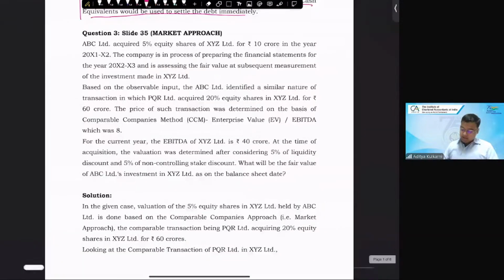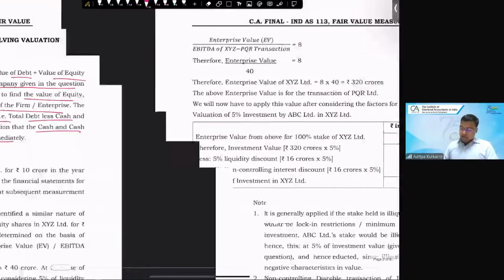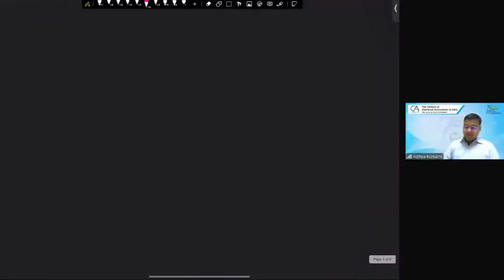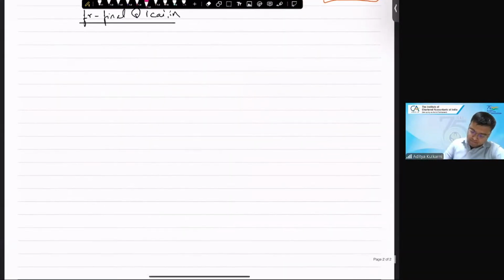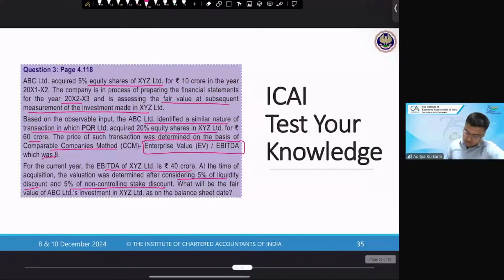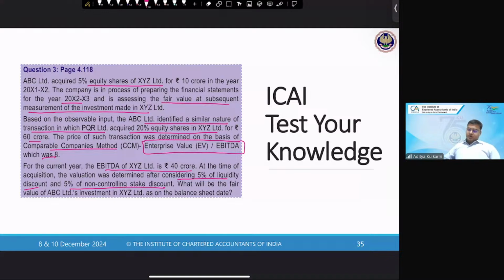As on the balance sheet date. Are you able to understand the question at least? Okay.